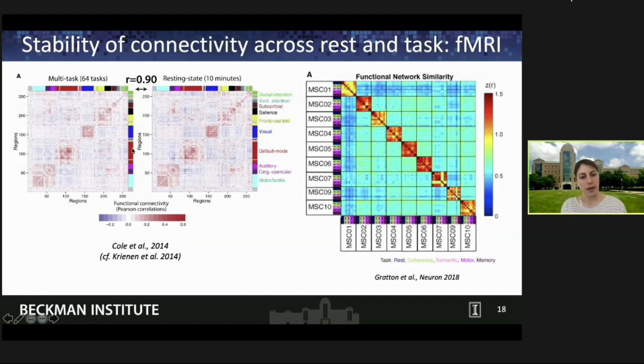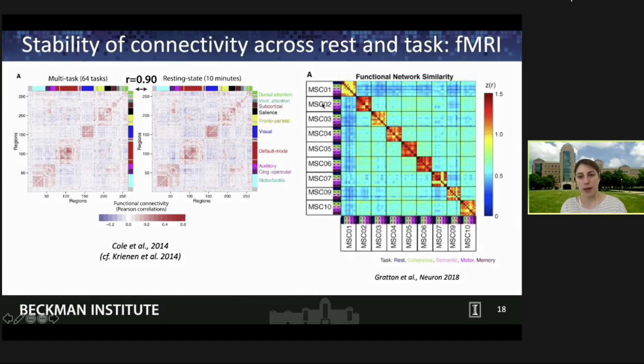So here to the left, you see work from 2014. Two different labs concurrently showed that the spatial connectivity organization during tasks and during resting state here to the right are spatially extremely similar to each other. In fact, this particular paper by Mike Cole estimated the spatial correlation at 0.9 between the connectivity profile during tasks and during resting state.